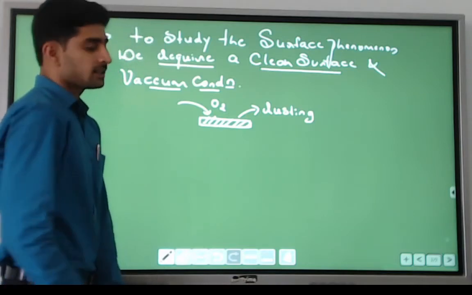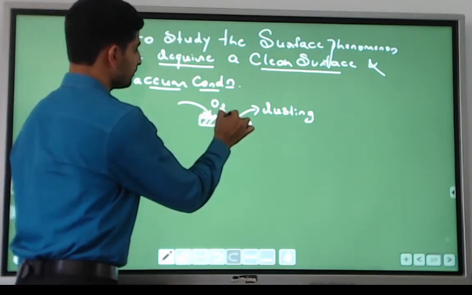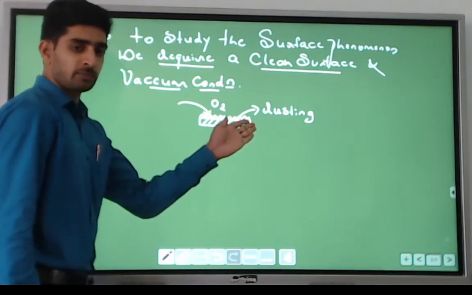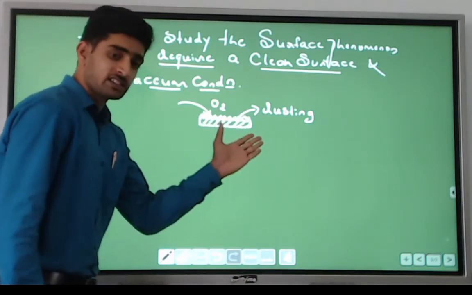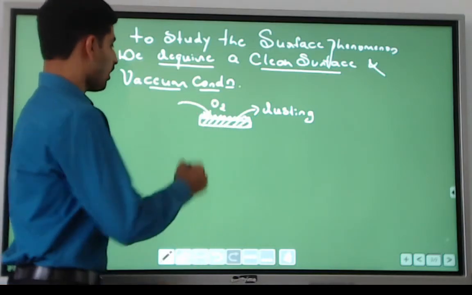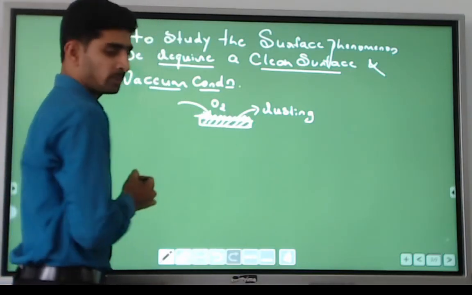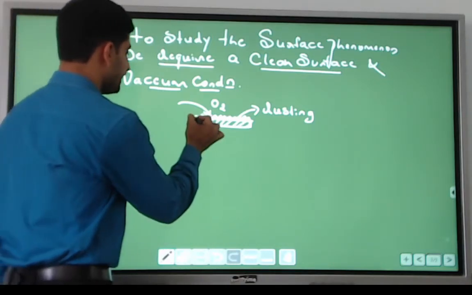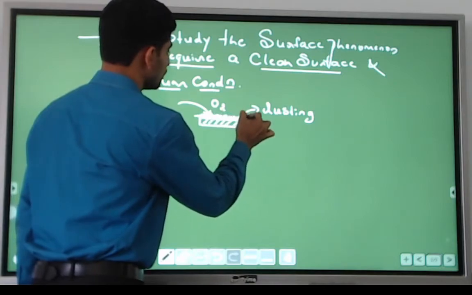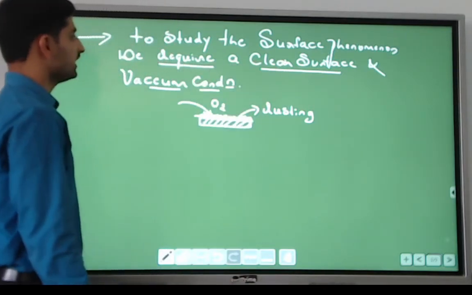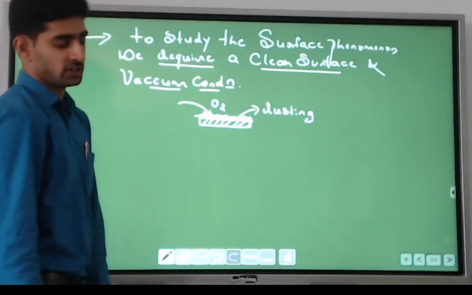So reactions have already taken place on this surface. Can we study again any reactions taking place on the surface? No. Already a reaction has taken place. We cannot study again. So we need to study how these reactions take place on that surface. For that reason, we require a clean surface and vacuum condition.